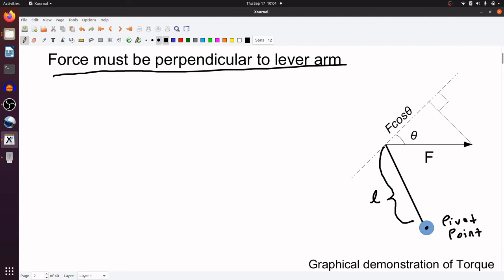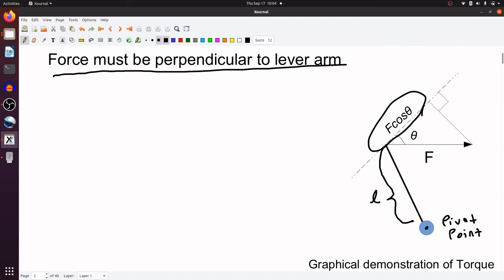If you multiply your force by your lever arm, that wouldn't make any sense because it's not perpendicular. So you need to take the component that is perpendicular to the lever arm, and that would be your F cos theta.